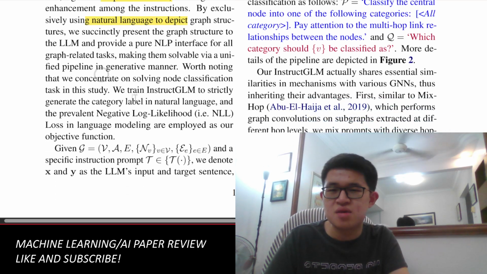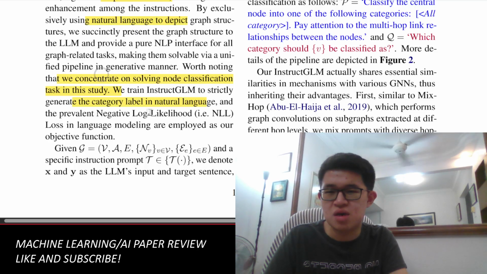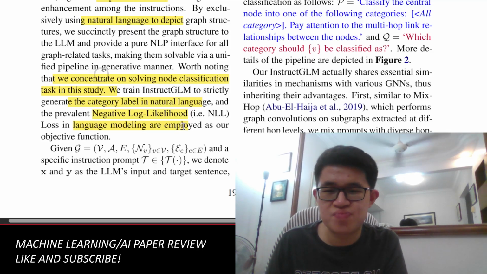Makes sense. Something worth noting is that they concentrate on solving node classification in this task. They train InstructGLM to strictly generate the category label in natural language, and they use NLL, negative likelihood loss, as their objective function here.